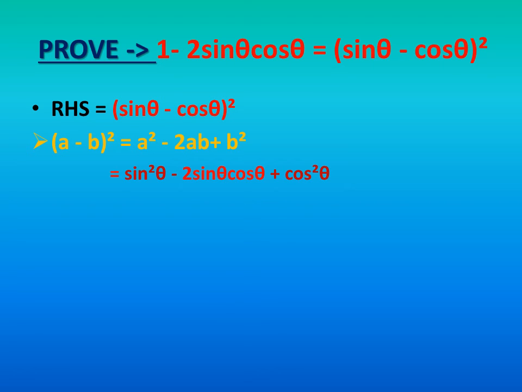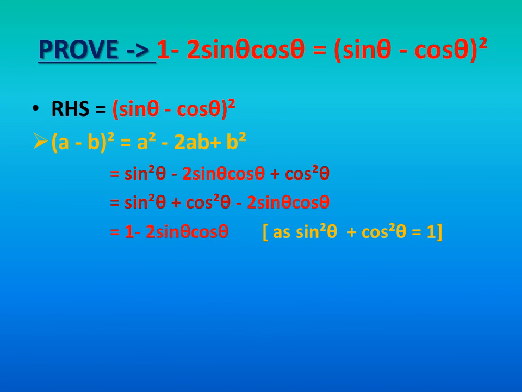So we write it like this: sine square theta minus 2 sine theta cos theta plus cos square theta. Here a square minus 2 sine theta cos theta plus b square. So we rearrange it and we get sine square theta plus cos square theta minus 2 sine theta cos theta.